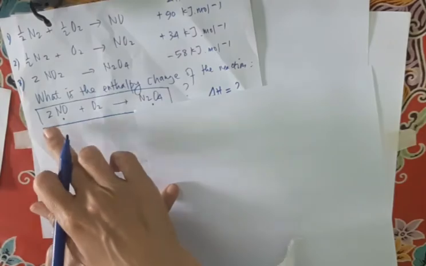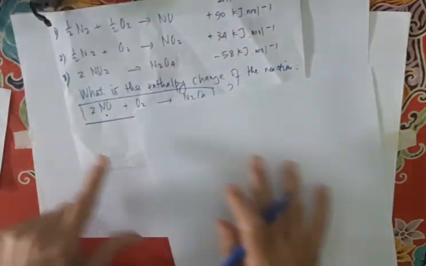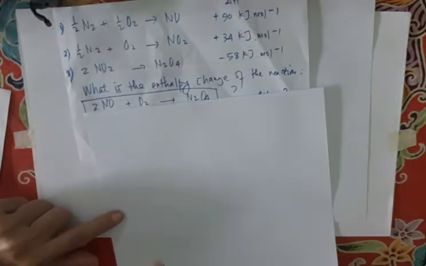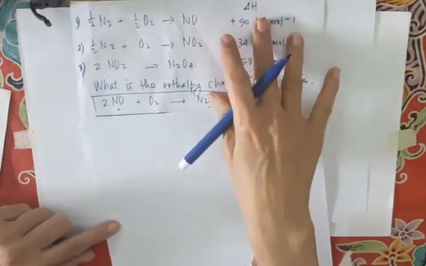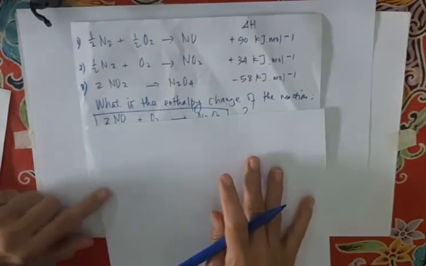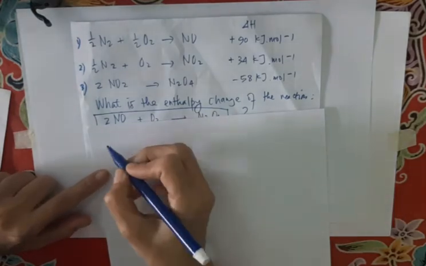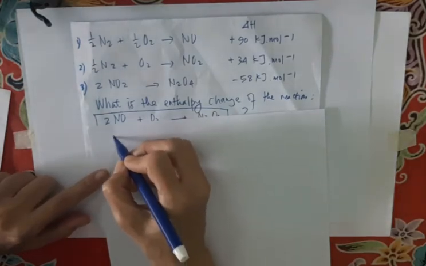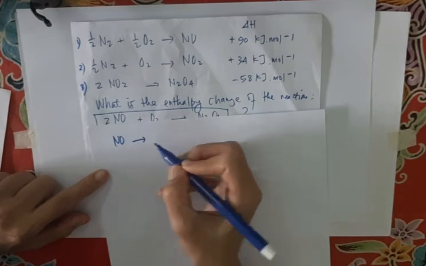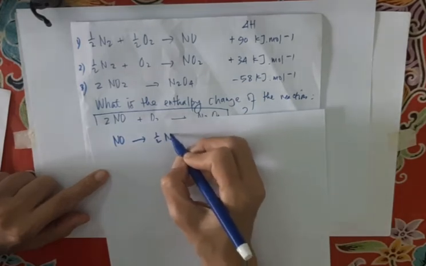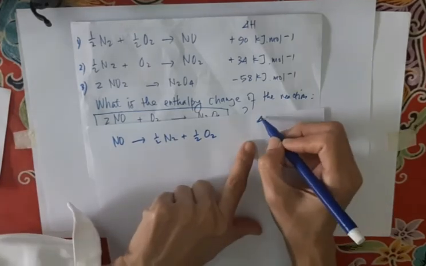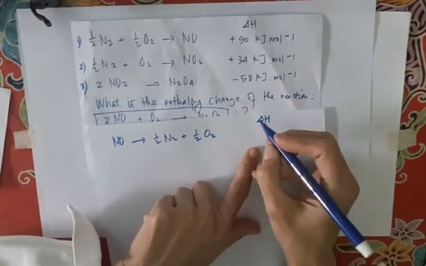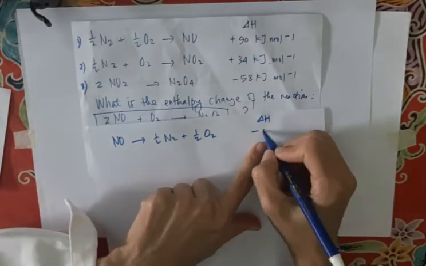We have 2NO, which comes from this, but it's on the right side. Yeah, so we have N2 plus O2 turns into 2NO with delta H plus 180, right?